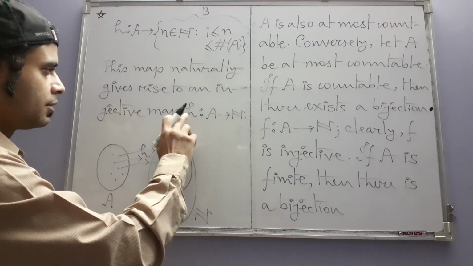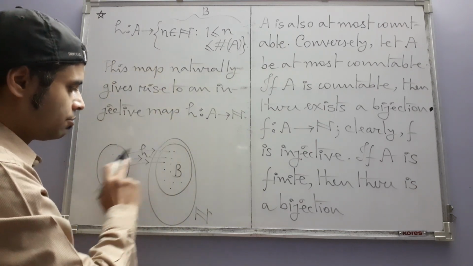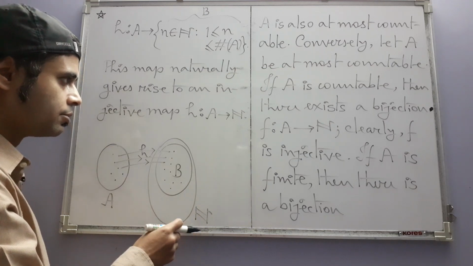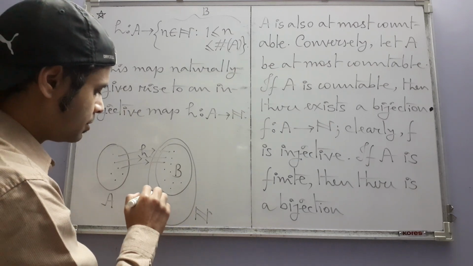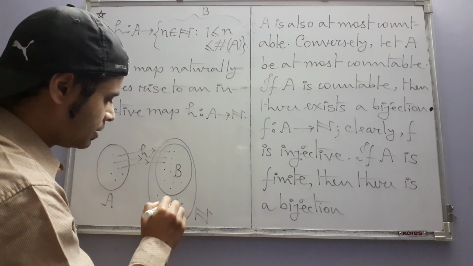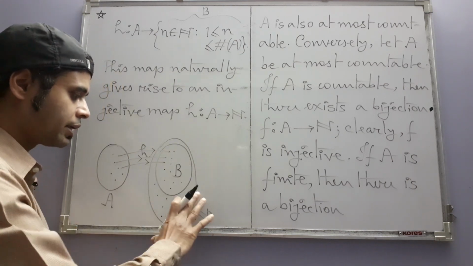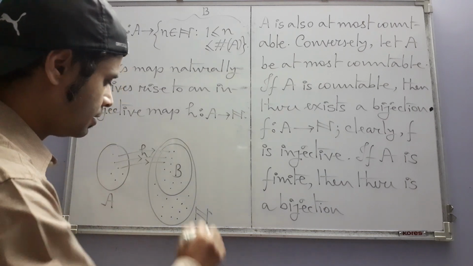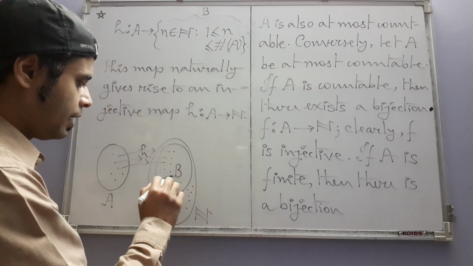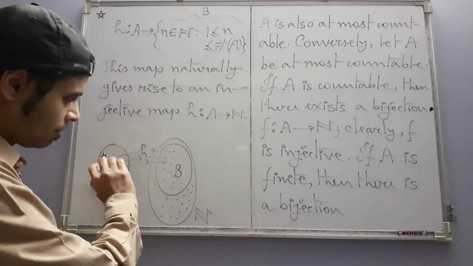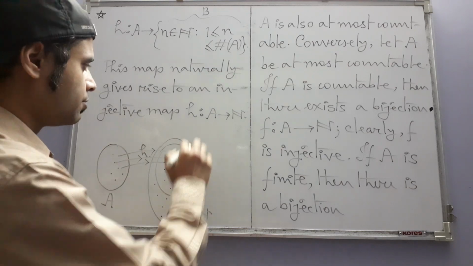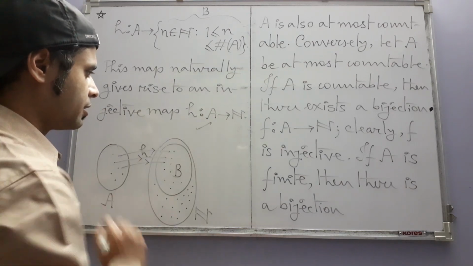Now because our original h is one to one, this also remains one to one. We will definitely have additional elements in N because B is finite whereas N is infinite. They do not affect this one-to-oneness in any manner, so this becomes injective.